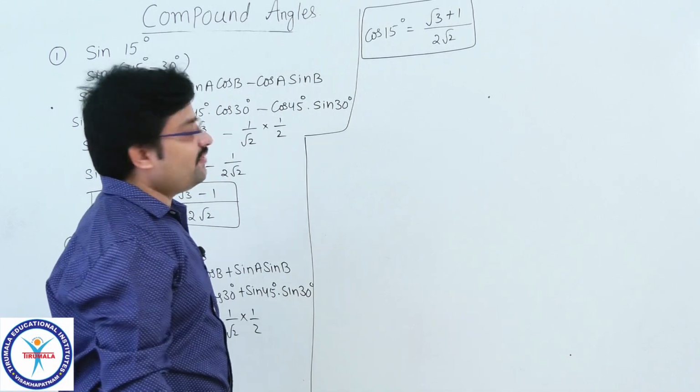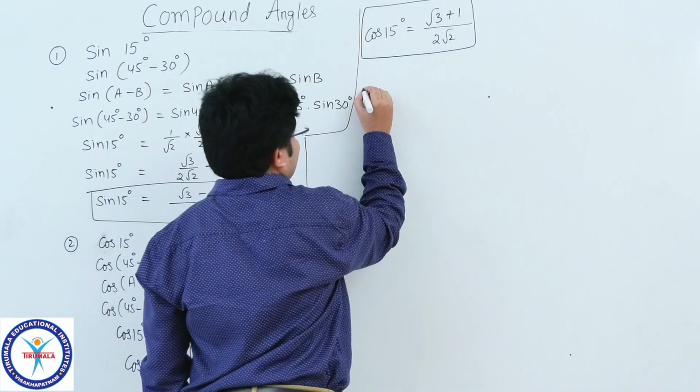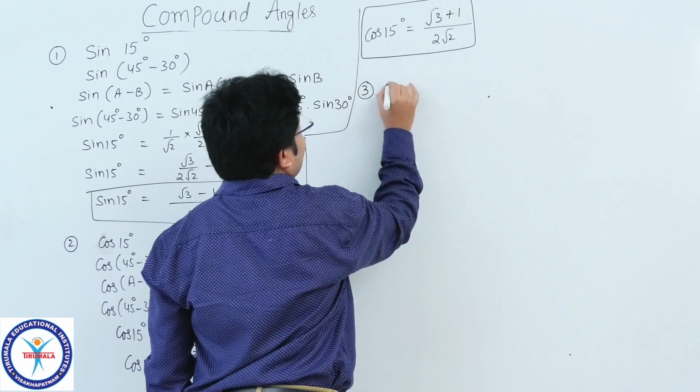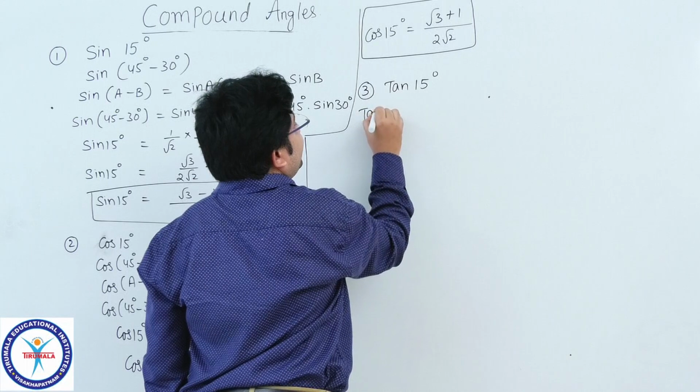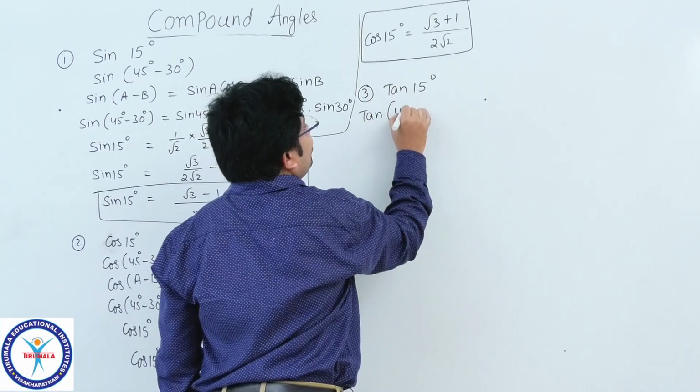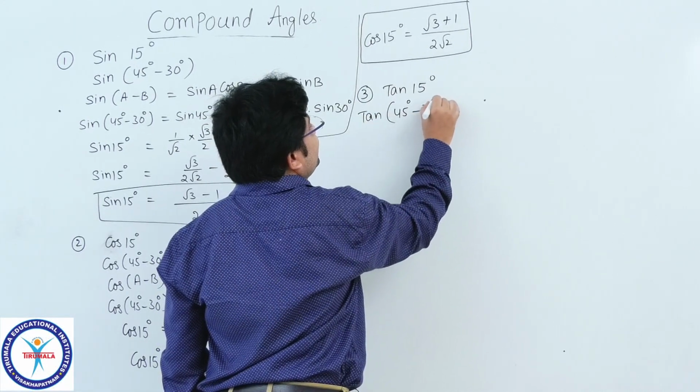Now, let us find the value of tan 15 degrees. Tan 15 degrees can be written as tan(45 degrees minus 30 degrees).